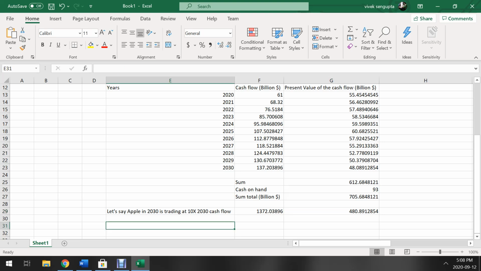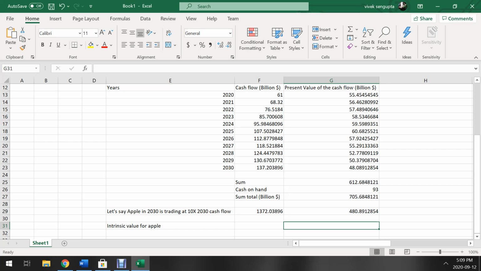So the intrinsic value of this whole business, holding it for 10 years, collecting all the cash for 10 years, and then selling it at 10 times the cash flow of the 10th year for Apple, will be the sum of all this.